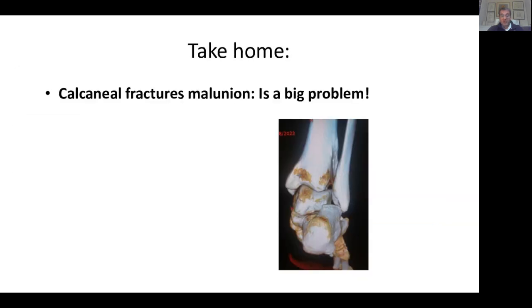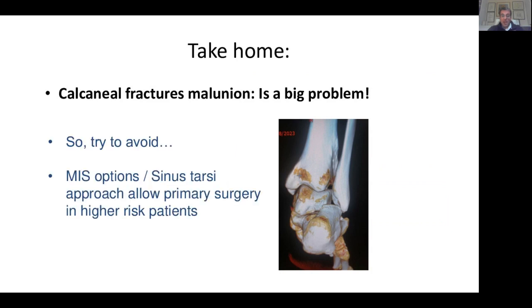So the take-home message, I think calcaneal fracture malunion is a big problem. And the best way to manage this is to try and avoid it by doing surgery in the appropriate patient in the first place.